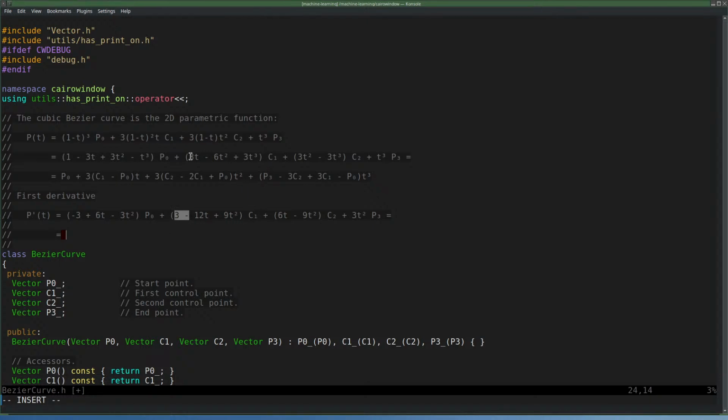The C1, okay. 3 times C1 minus P0 plus, here's a t, and here's a t, and here's a t. So that's 3 of them. That one's negative. Let's start as before at the end.